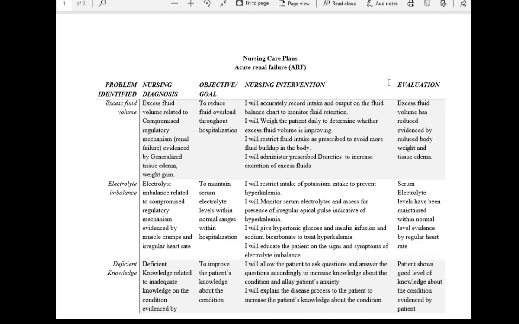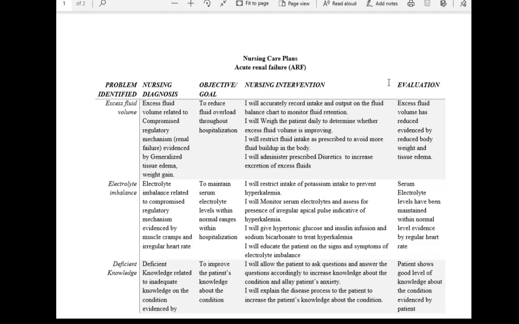Our third point, I will give hypertonic glucose and insulin infusion and sodium bicarbonate to treat hyperkalemia. We are treating hyperkalemia mostly because it is one of the most dangerous conditions that a person can have, especially in acute renal failure.